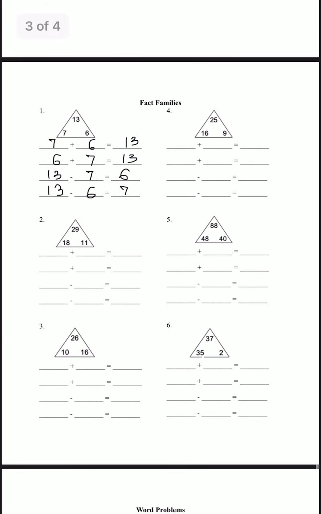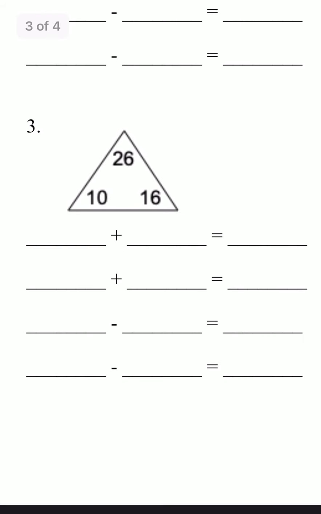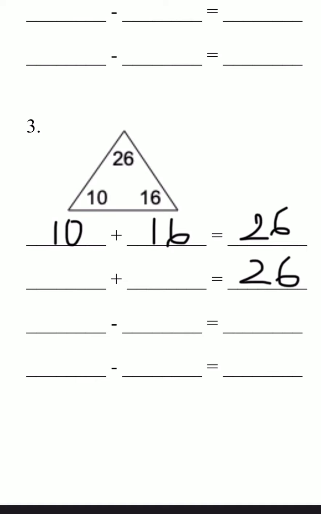Okay? Now let's do number 3, 26. So again, we're going to write our biggest number over here. And then we rewrite 10 plus 16 is 26. And 16 plus 10 is 26, right?